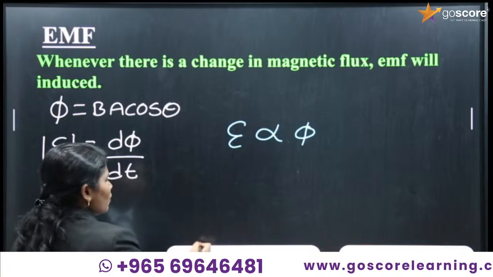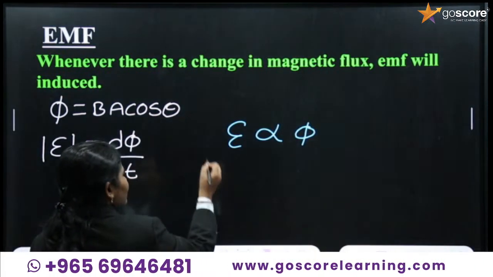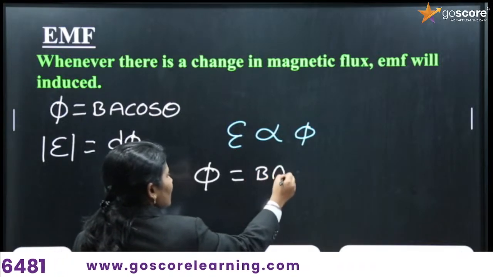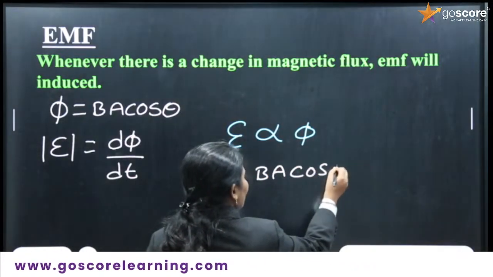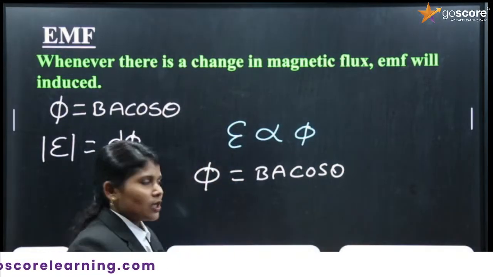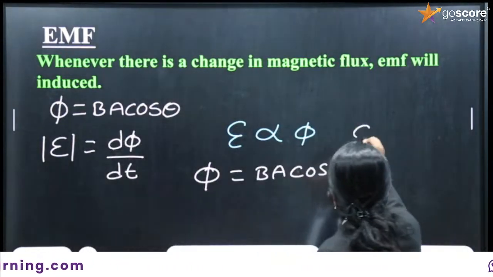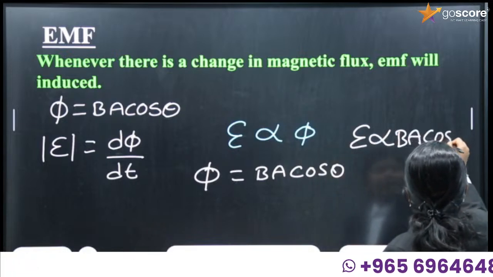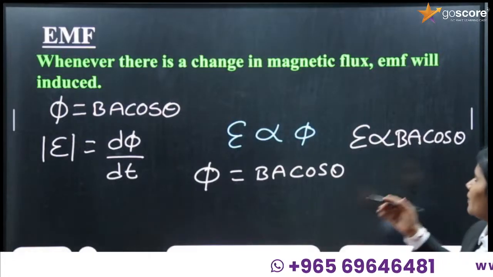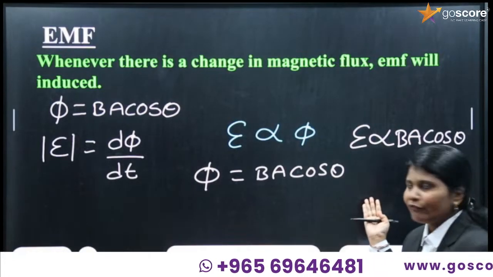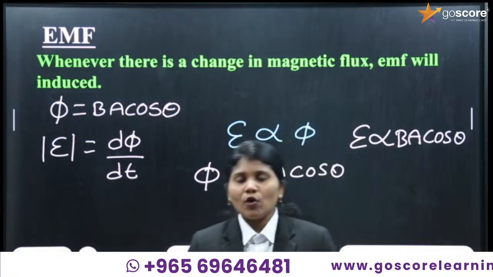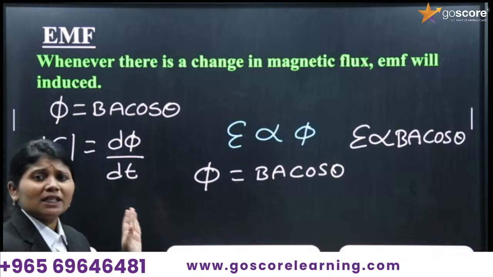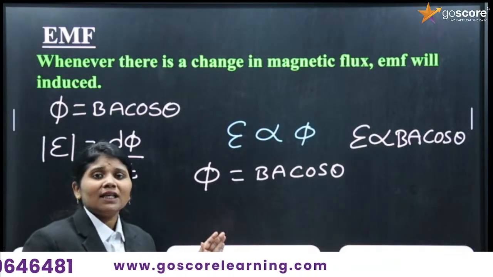So first, what is the flux? Flux is equal to BA cos theta, so E is proportional to BA cos theta. Here EMF depends upon the magnetic field, area and orientation of the coil. EMF is induced by the change in magnetic flux.